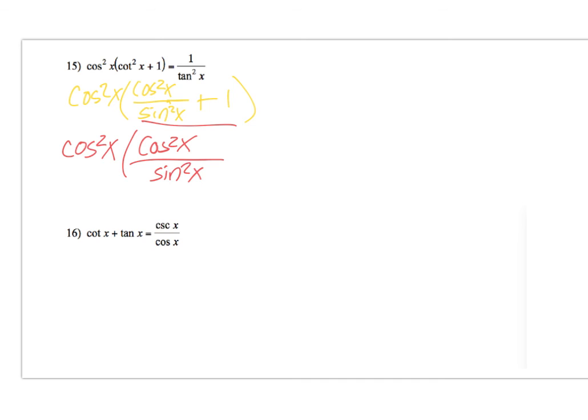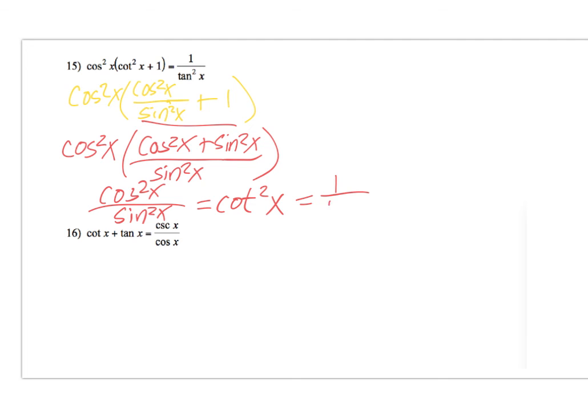If I'm doing plus 1, that's going to be another sine squared x on top. That gives us 1. And then we end up with cosine squared x times 1 over sine squared x, which would be over sine squared x. That's the same as cotangent squared of x, and that is the reciprocal of tangent squared x.